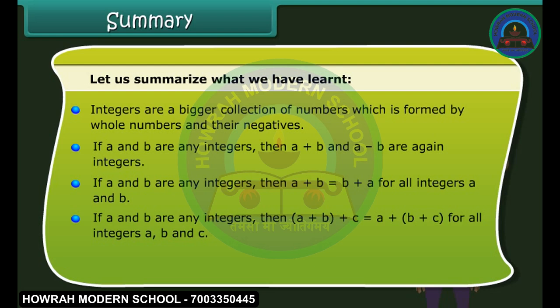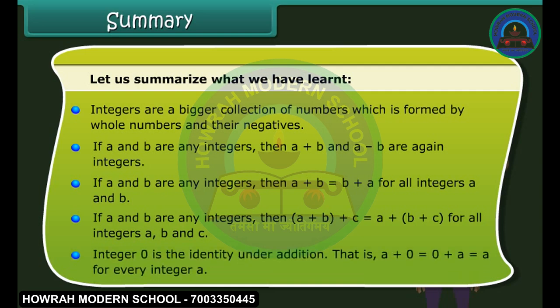If a, b and c are any integers, then (a + b) + c is equal to a + (b + c) for all integers a, b, and c. Integer 0 is the identity under addition. That is, a + 0 is equal to 0 + a, which equals a for any integer a.